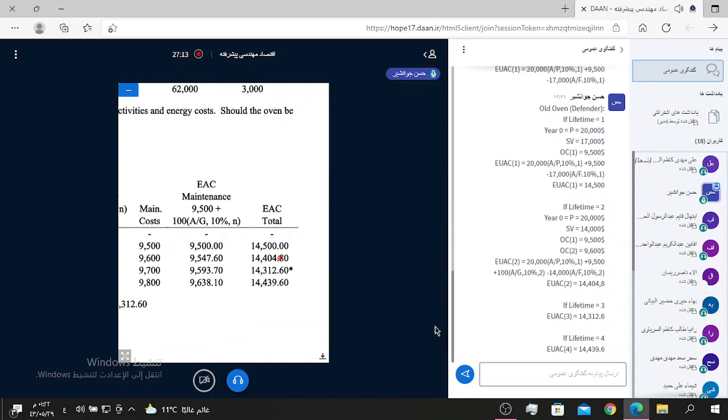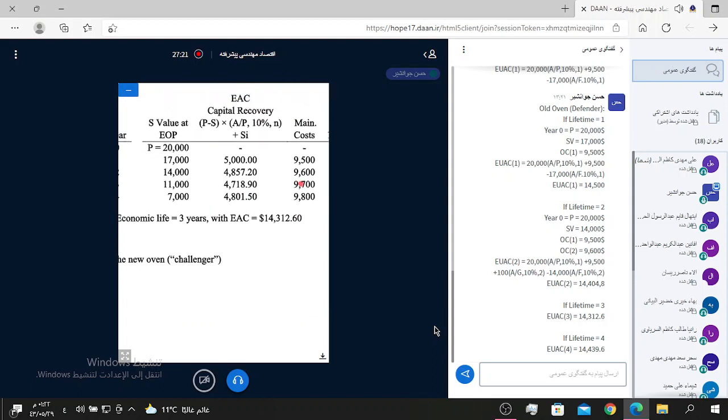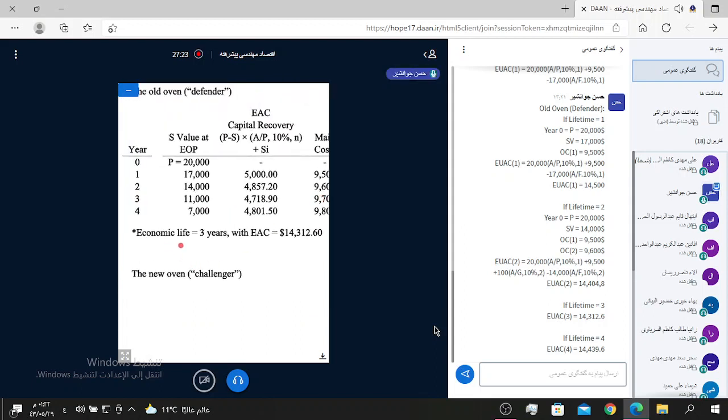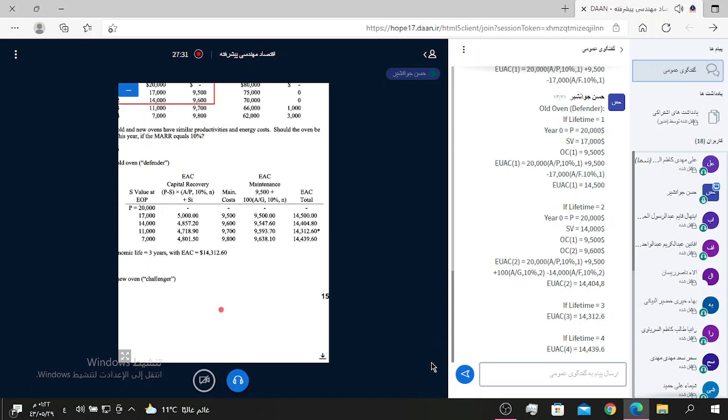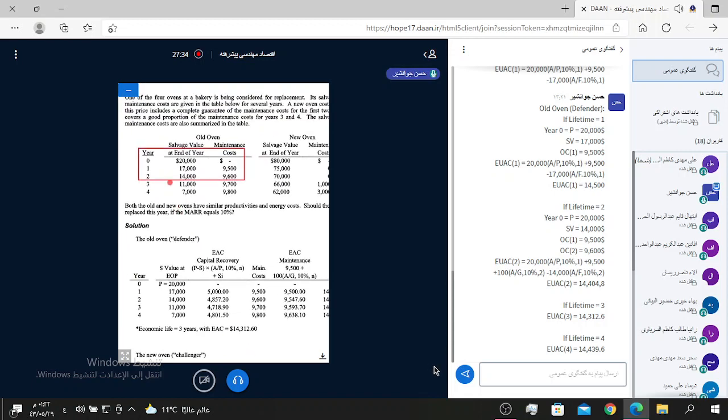Now compare UAC. UAC for year 3 is better: economic life is 3 years with UAC equal to this number. We want to use the Defender old oven for 1, 2, 3 or 4 years.